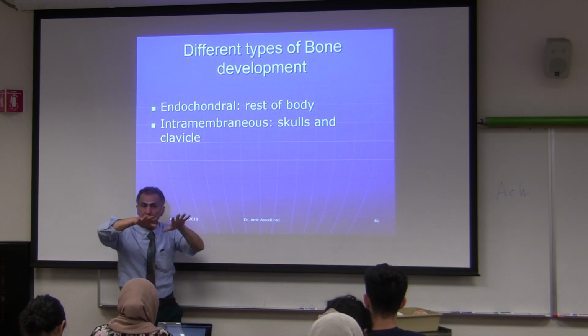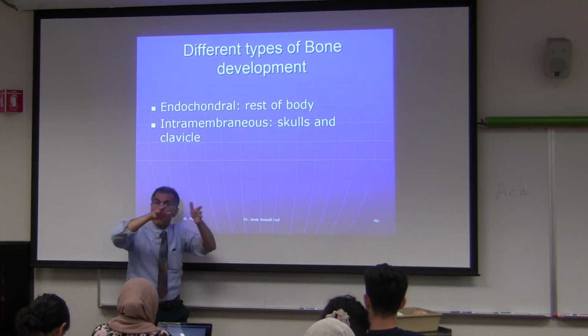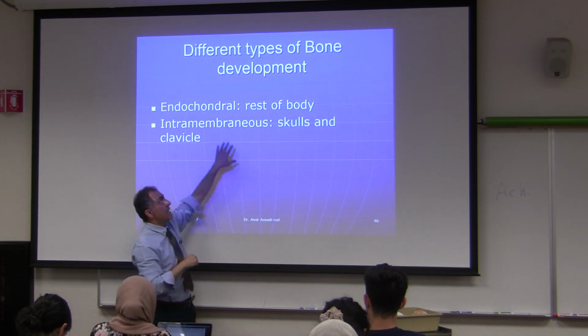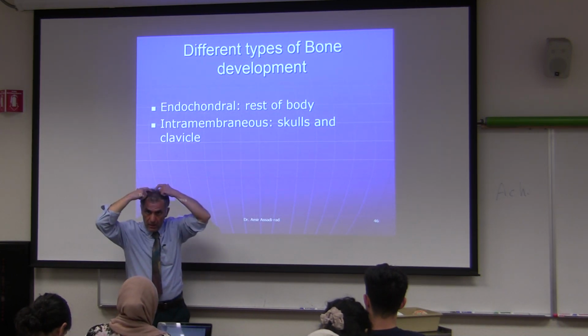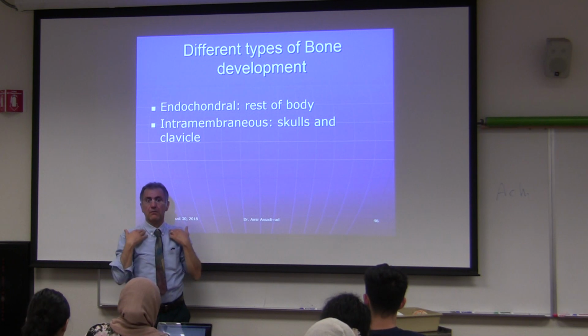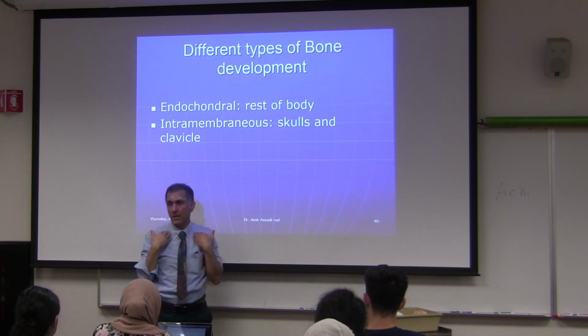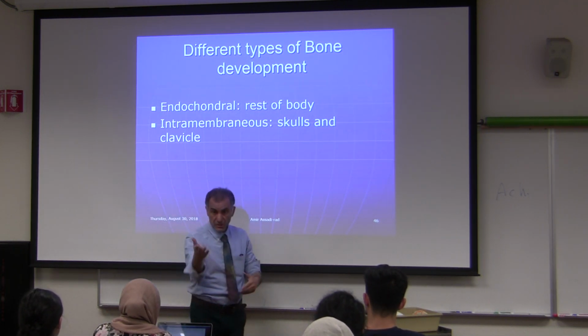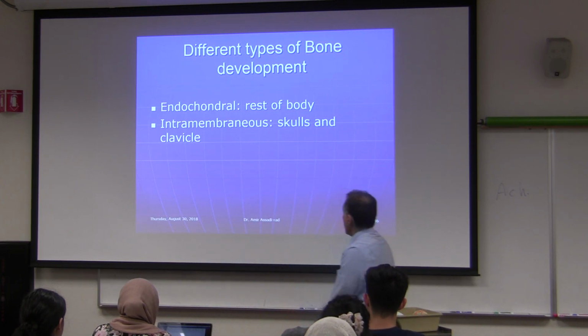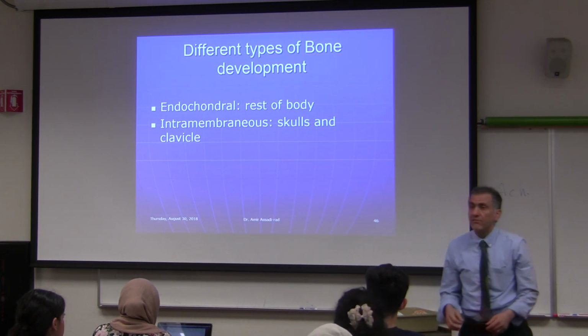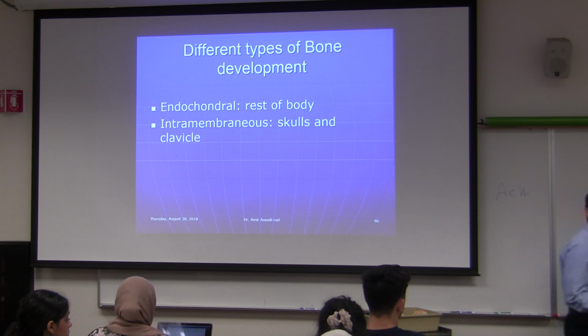This is just a membrane becoming bone. And this happens only in your skull and in your clavicles. Right here. You have to know the names of the bones, all of the bones, which is in your textbook. Okay, so those are the 2 different types of ossification, bone formation.